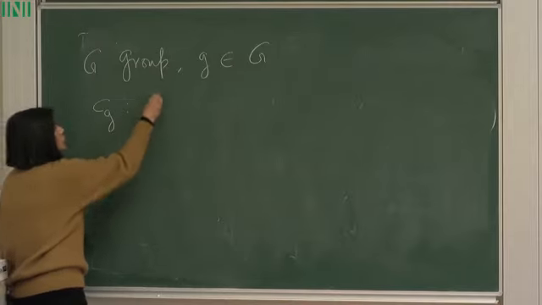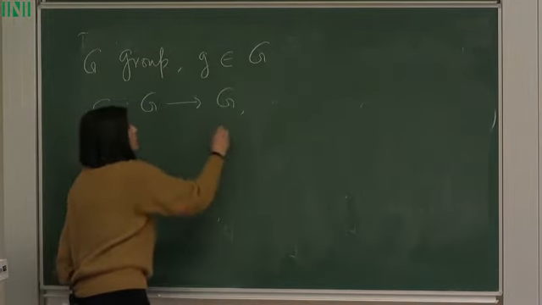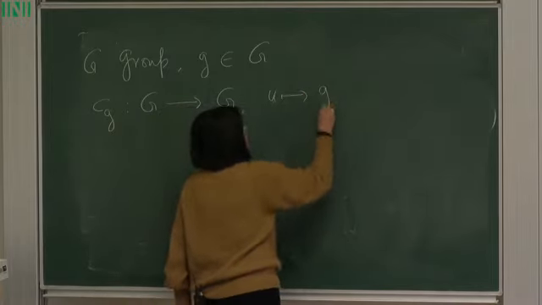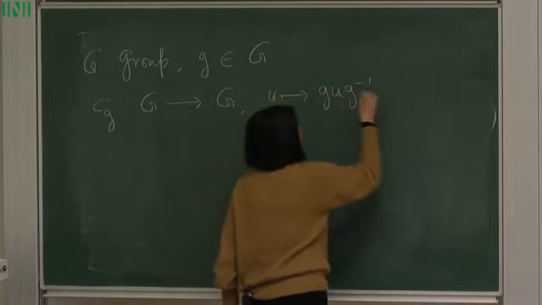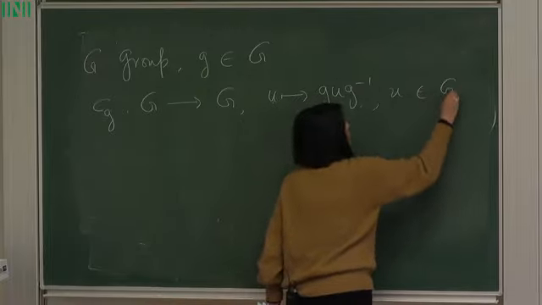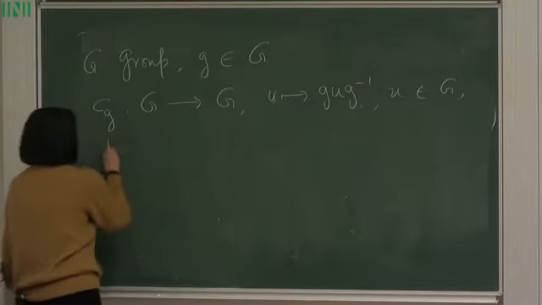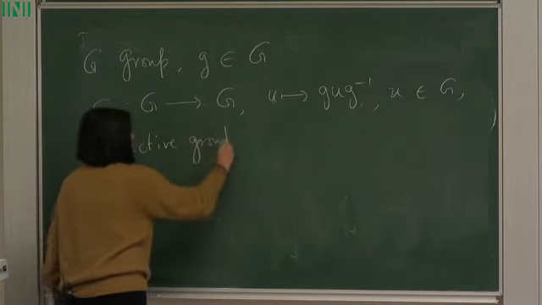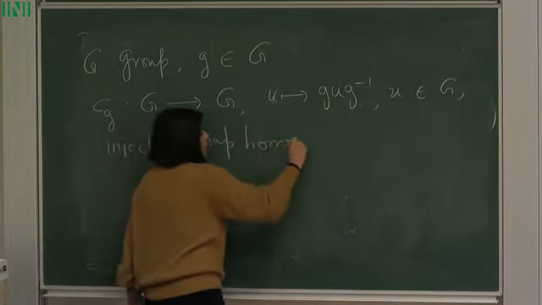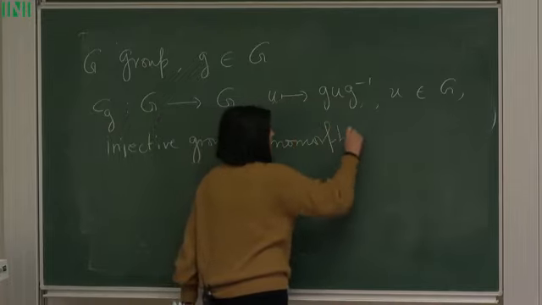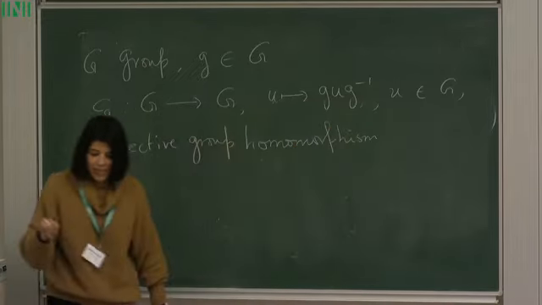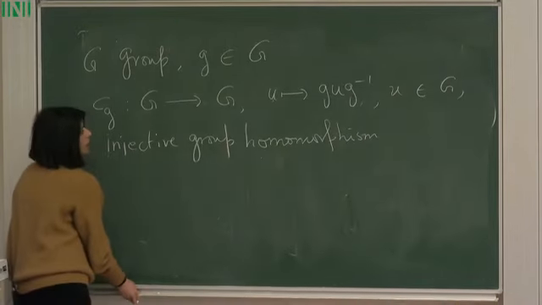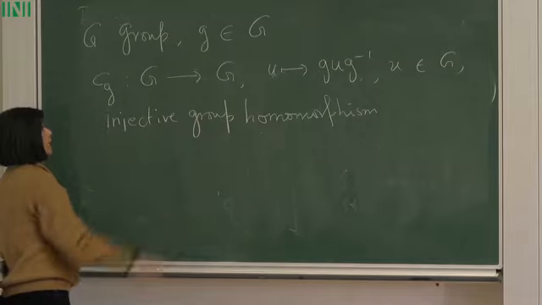We denote by c_g the group homomorphism in G which sends an element u of G to g u g inverse. This is an injective group homomorphism. Okay, and this is basically going to be our morphisms. They all come from things like this.